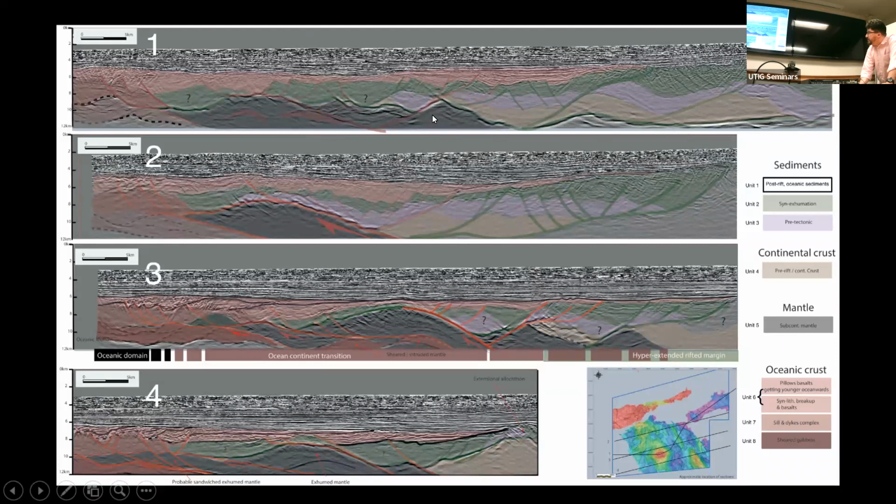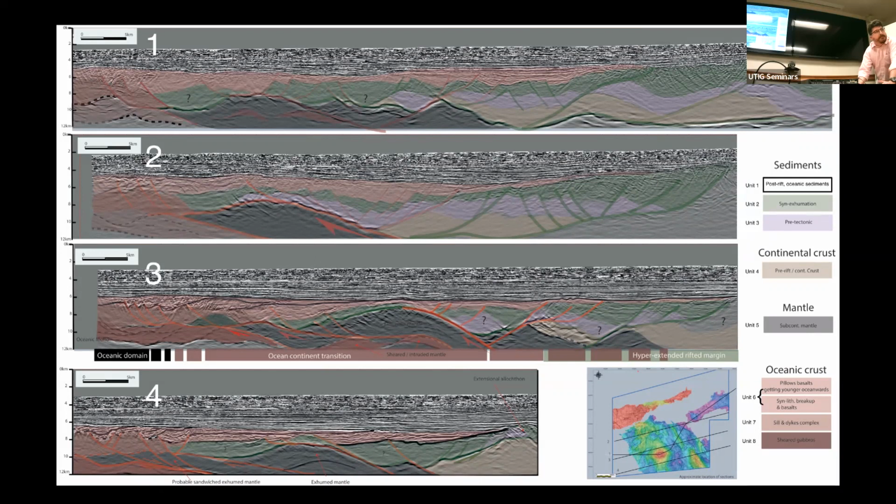And this M reflector here is really the contact between continental material and the mantle below. And then over here, if you move over to the other side, here you have layered oceanic crust. There's your pillow basalts, your layer 2A. Here's your sheeted dikes. Oh, where'd the mouse go? Yeah, there's your sheeted dikes down below. And then here are your sheared gabbros. So that's your layer 2A, 2B, and 3.